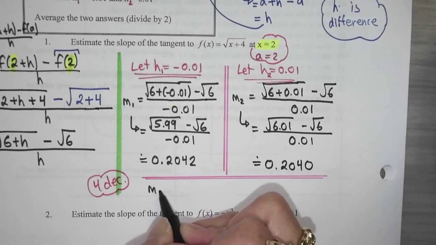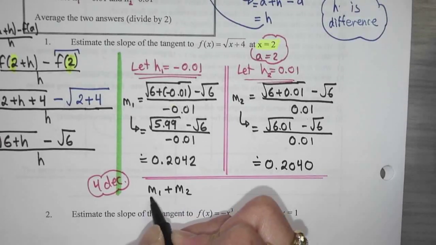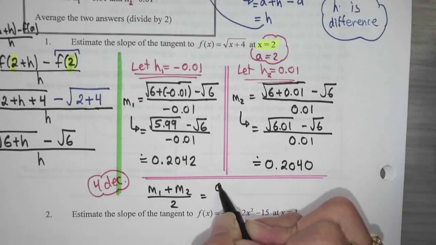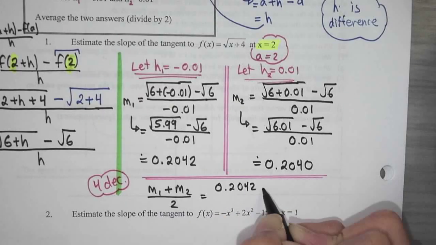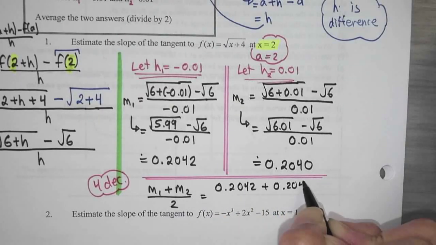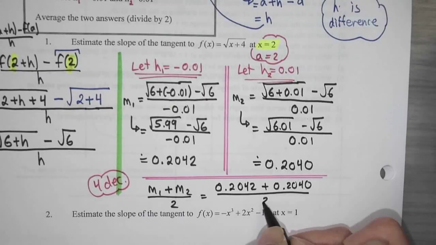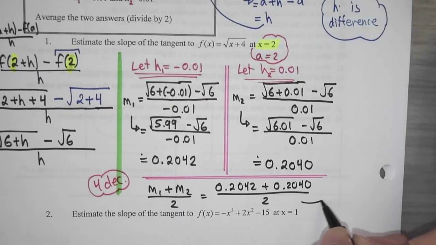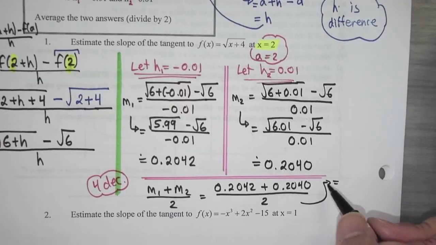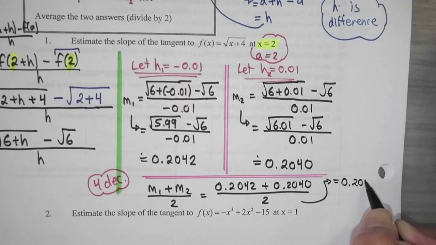So I'm going to go M1 plus M2 divided by 2, 0.2042 plus 0.2040 divided by 2, which equals 0.2041.